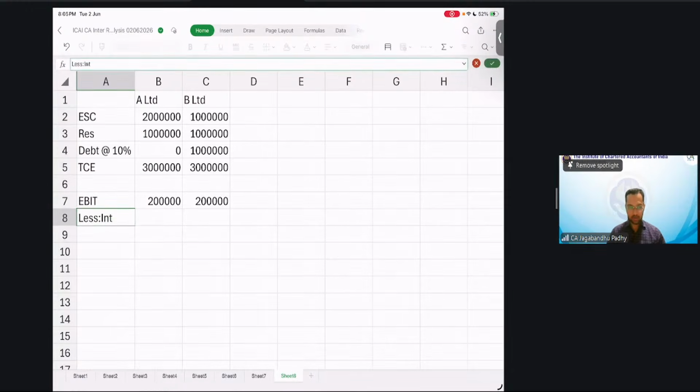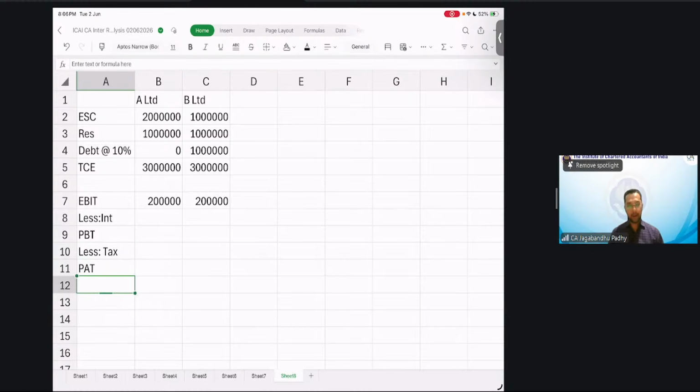Can we calculate the interest, PBT, less tax and PAT, and then calculate the return on equity? Can we calculate this part, guys?